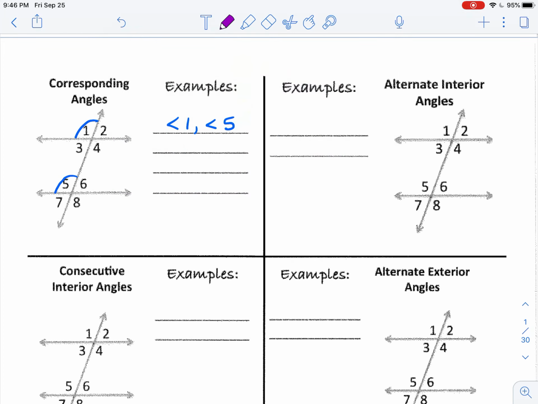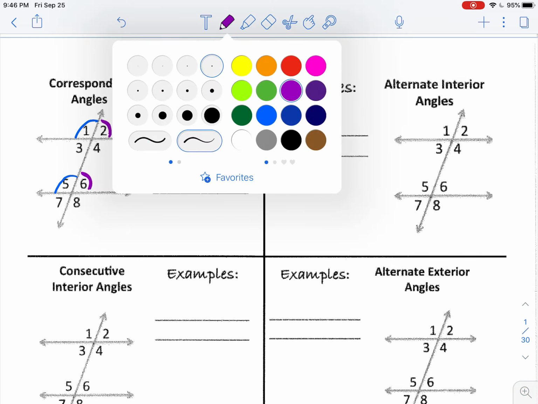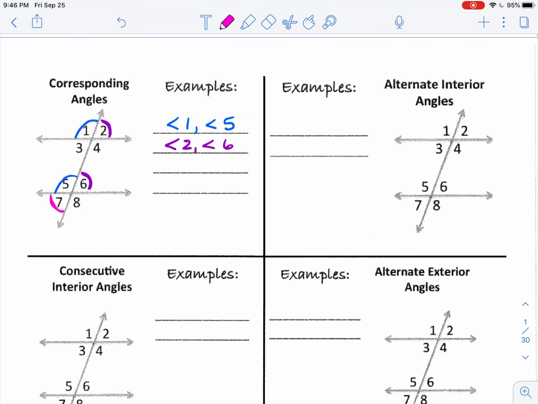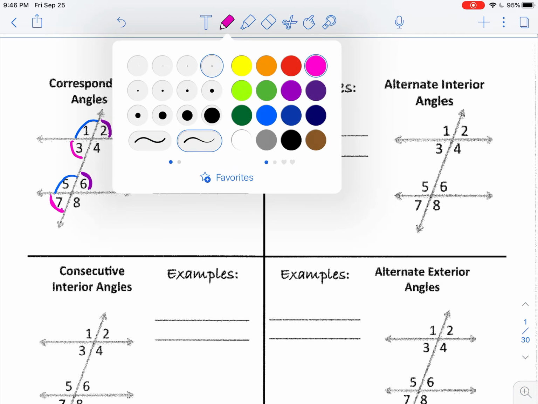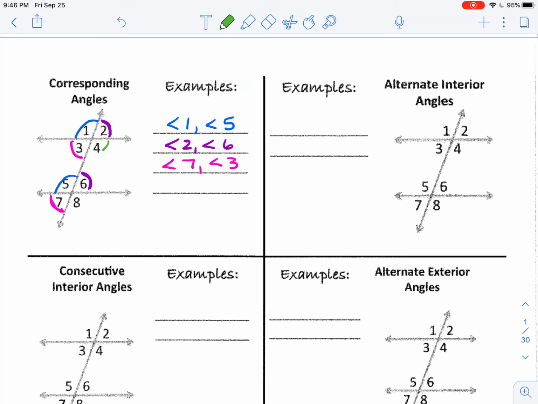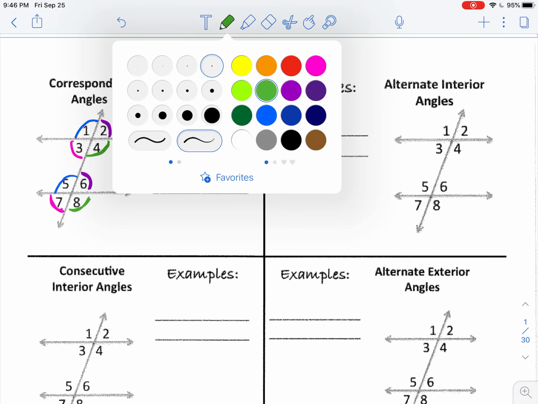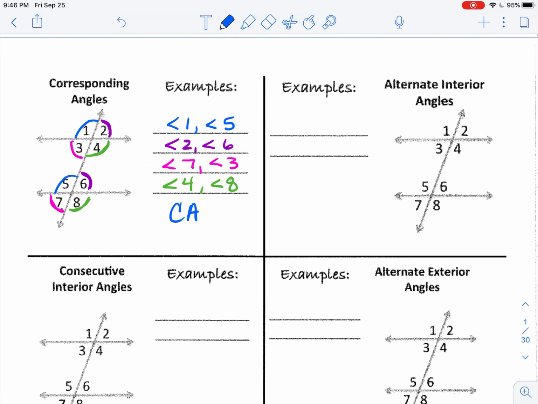What about angles 2 and 6? You see how they're both in the same position? Or how about angle 7 and angle 3? And then the last set, angles 4 and 8. These are our corresponding angles. We abbreviate that just CA.